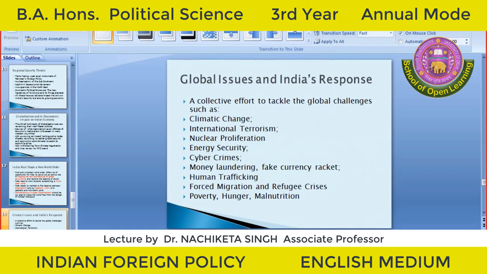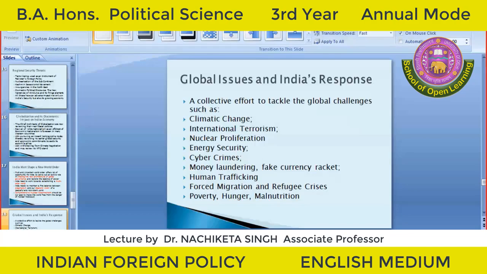So problems like global challenges such as climate change, international terrorism, nuclear proliferation, the energy security, which is very much essential today, because today's modern economy is energy driven, and if there is not enough energy supply or minimum guarantee of energy supply to national economies, the entire international economic structure will collapse.